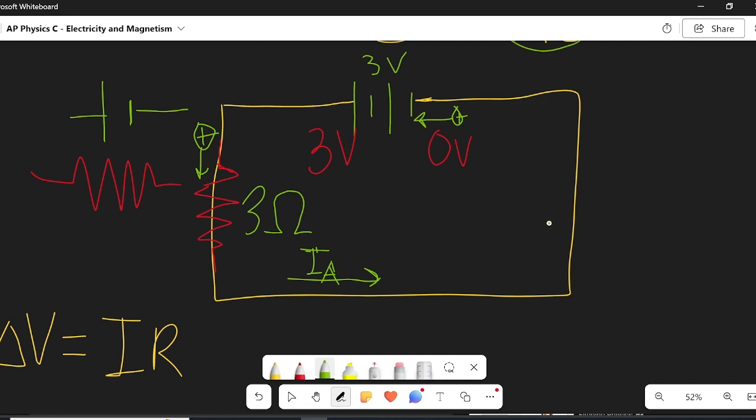So the potential drop across this resistor has to be 3 volts, because how else would the potential get back to 0 volts? If the potential drop is 3 volts, we plug that in here. Resistance is 3 ohms, plug that in here. We solve the current is 1 amp. So this is what a typical problem like so will look like.